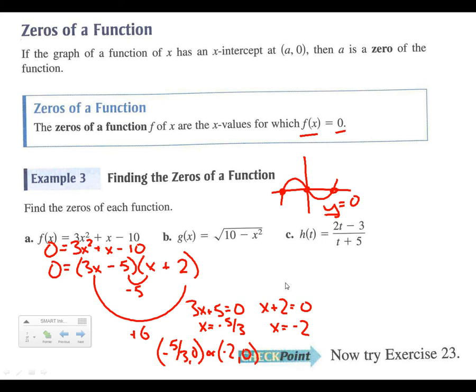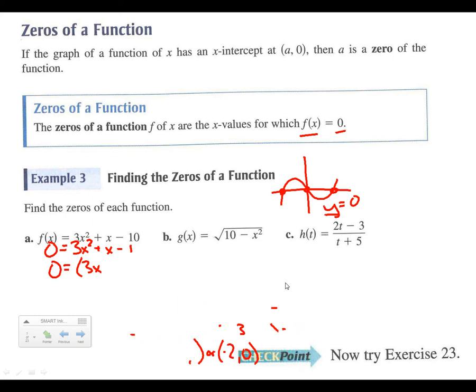Let's go ahead and take a look at the second option here, B. We want to find the zeros of root 10 minus x squared. So 0 equals the square root of 10 minus x squared. We'll square both sides and get 0 still equals 10 minus x squared.